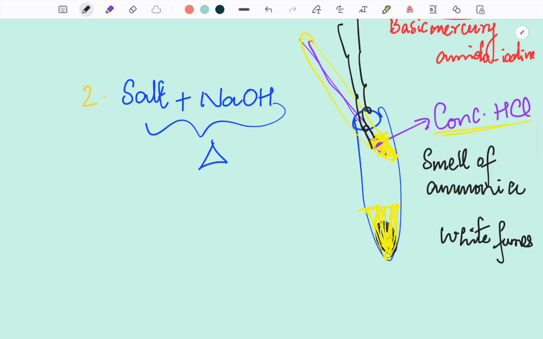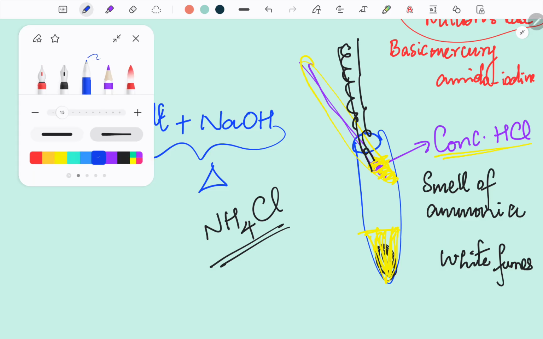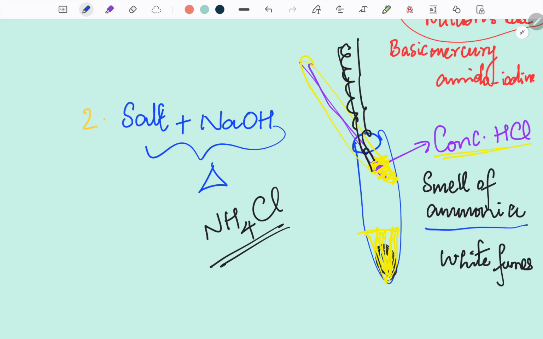Now let's learn the chemistry behind the reaction. When you are bringing the glass rod dipped in concentrated HCl near the mouth of the test tube, you are actually getting NH4Cl. Ammonium chloride is liberated, because of which you are able to observe the smell of ammonia.